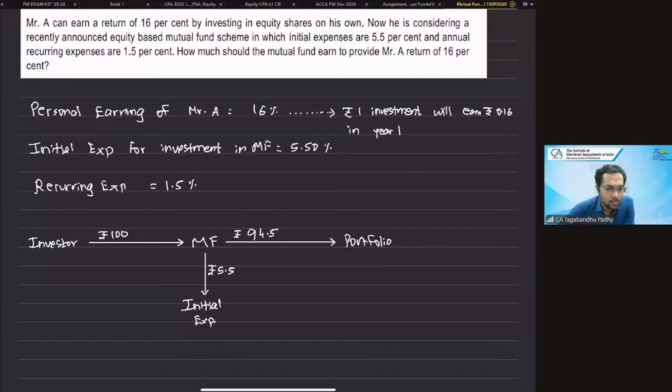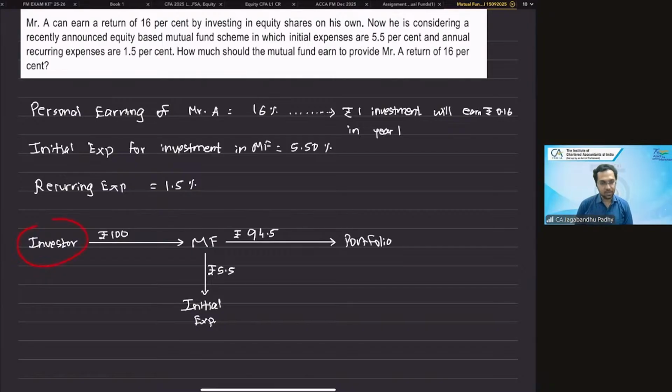But out of whatever return is generated, we need to pay 1.5% on that.